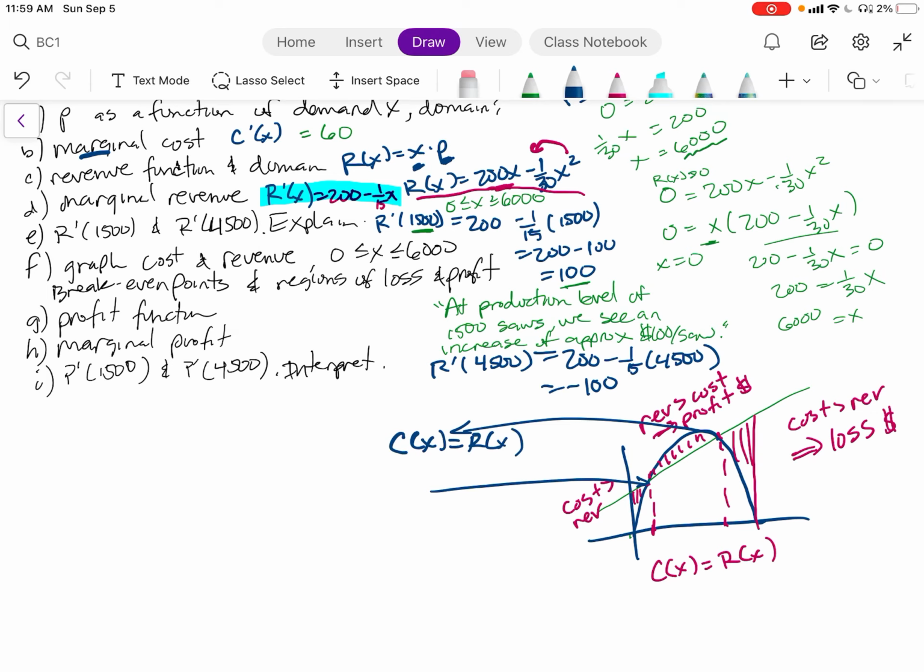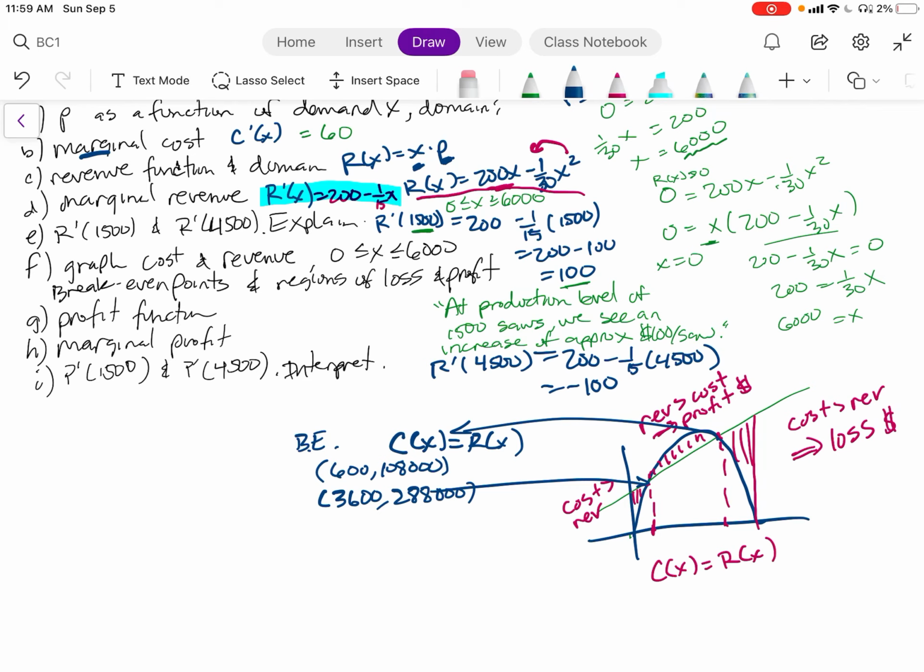The first one was X was 600, the Y was 108,000. The second break even, I'm just going to put BE, break even point, was at 3,600 and 288,000.